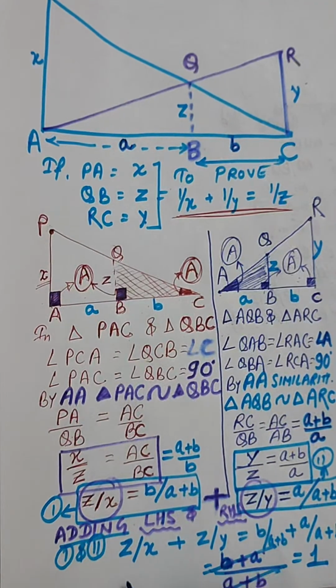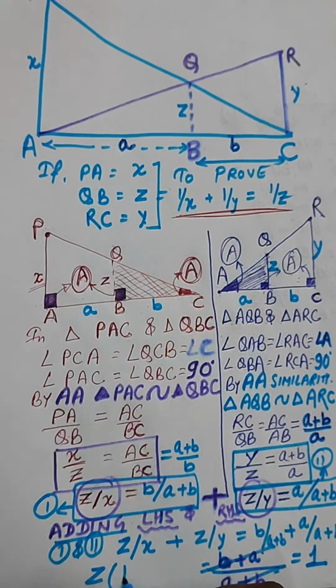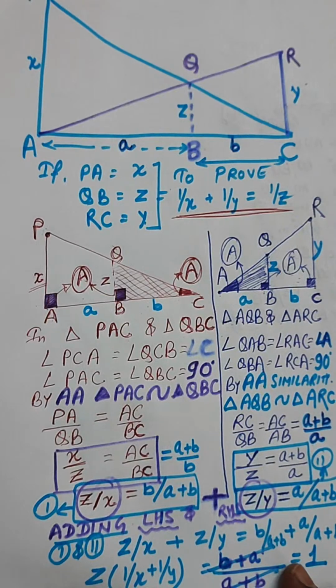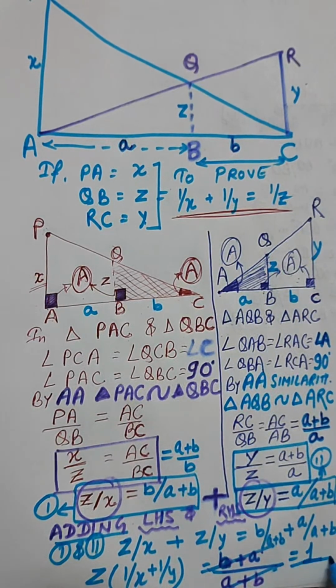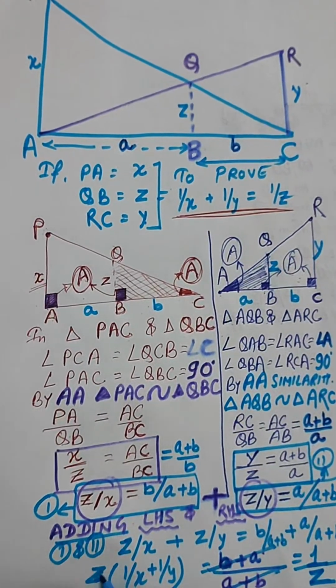So when z is taken as common, we have 1 by x plus 1 by y, isn't it? And this z can be brought to the denominator of RHS, then it becomes 1 by z, right? And this z will be removed from here.